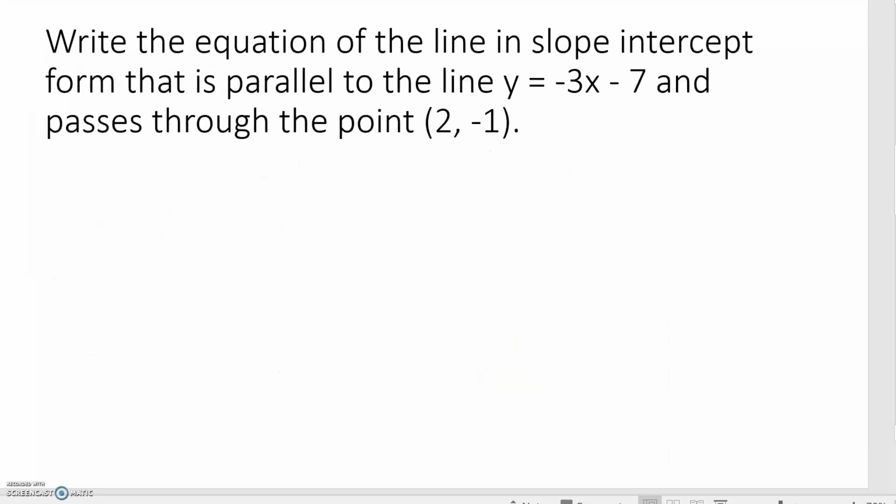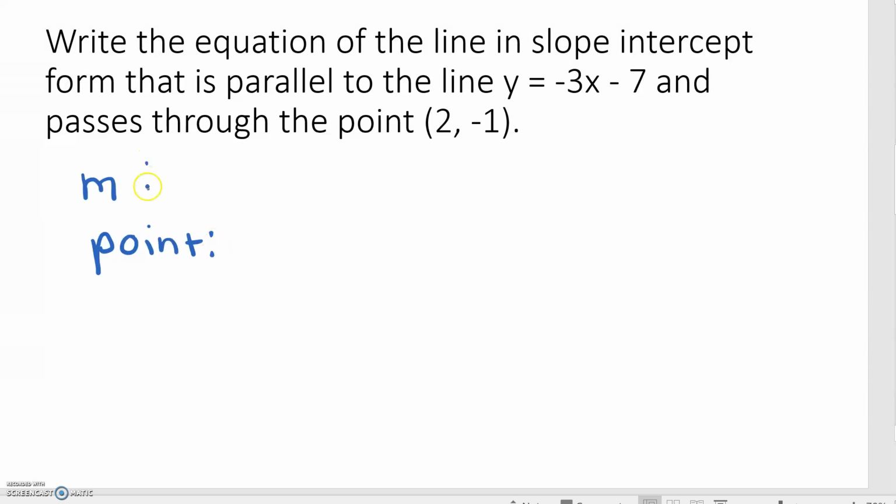Write the equation of the line in slope-intercept form that is parallel to the line y is equal to 3x minus 7 and passes through the point 2, negative 1. If you remember from our previous recordings, there are two things we have to have when writing the equation of the line. We have to know the slope and we have to know a point.